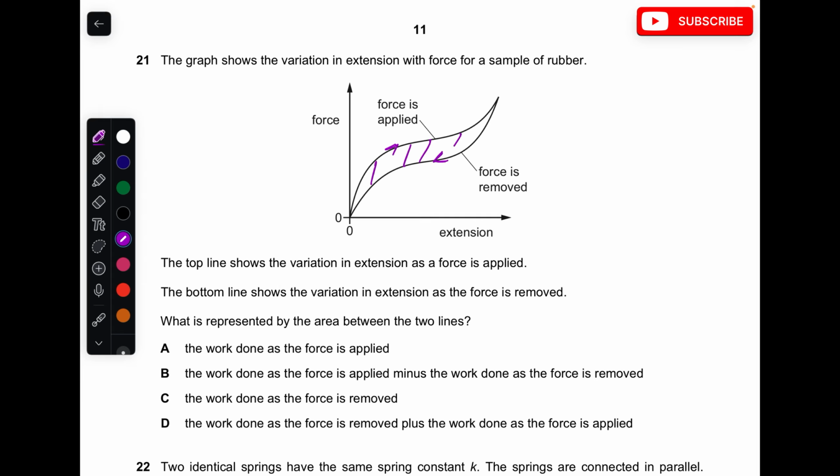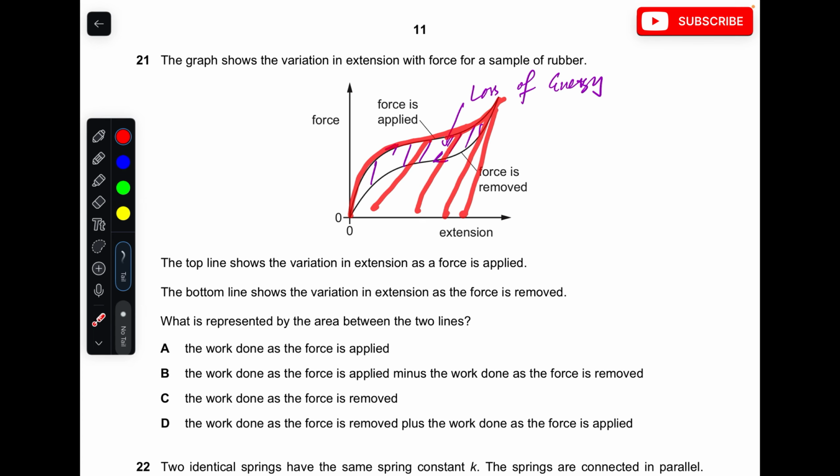So this area they are asking. This is the loss of energy. The total area under the upper line is the work done in extension. This lower line area shows you the work done when it comes back to the original shape, and the difference of both of them will show you the loss of energy. So it is option B that is correct.